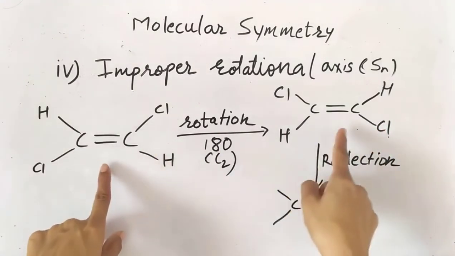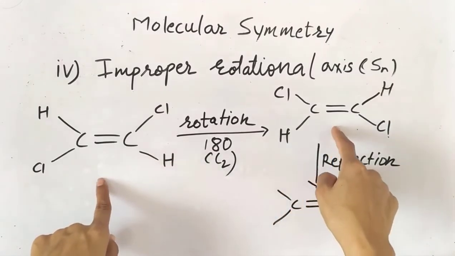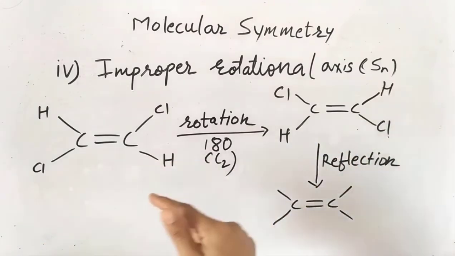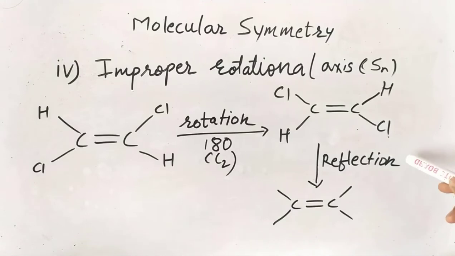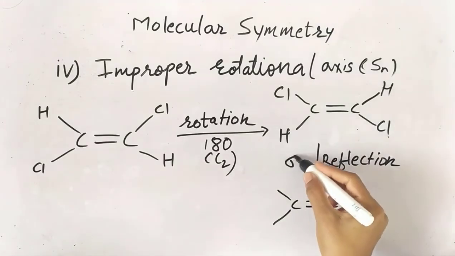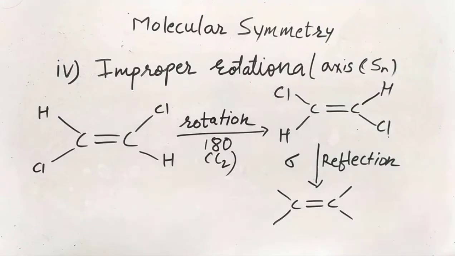Have we got the same image? No. Then in order to get the same image, what do we have to do? The reflection operation. Reflection means nothing but a plane, a mirror plane. You have to pass a mirror plane in order to get the original image.